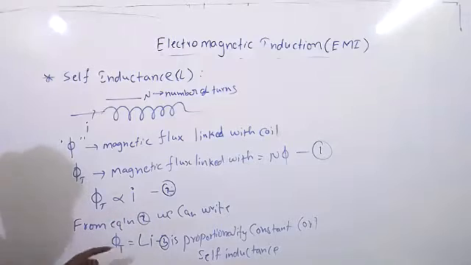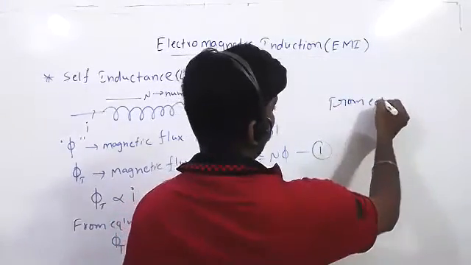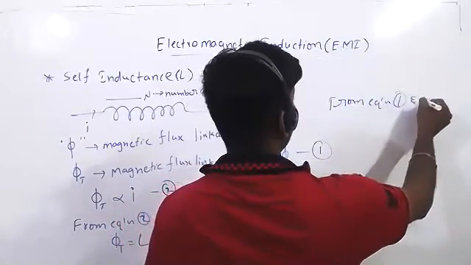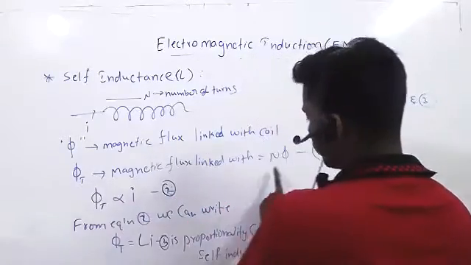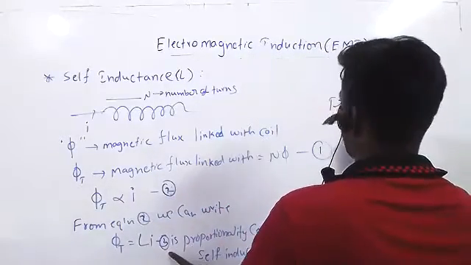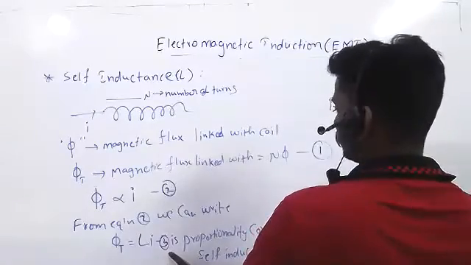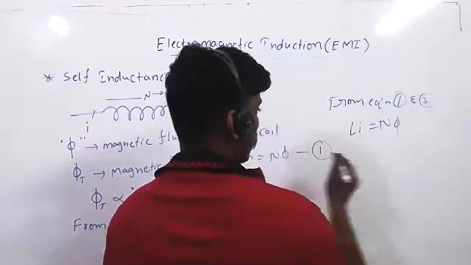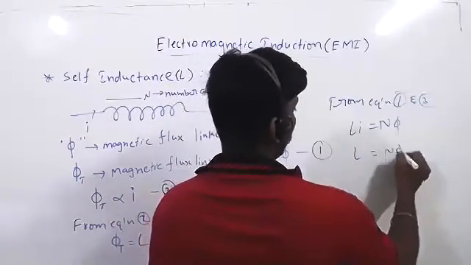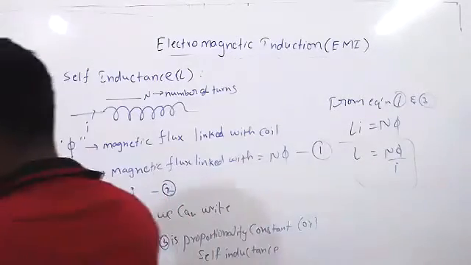Now from equations 1 and 3, the left-hand sides are equal, so we equate the right-hand sides. L I equals N phi, so L equals N phi by I. We can write it like that.